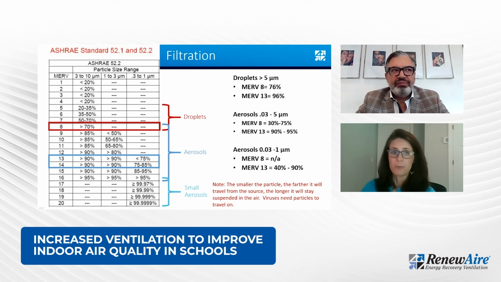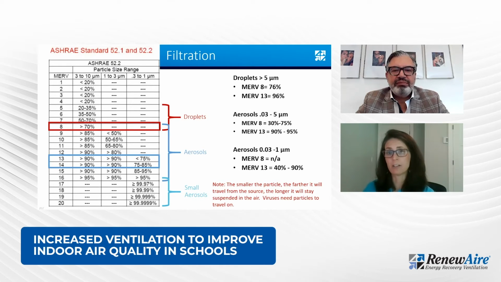MERV 13 is what ASHRAE is recommending upgrading to during the pandemic in your HVAC equipment if you can. And so what this table does is illustrate the difference between the typical MERV 8 and the recommended MERV 13. And I want people to understand what the difference between those is.